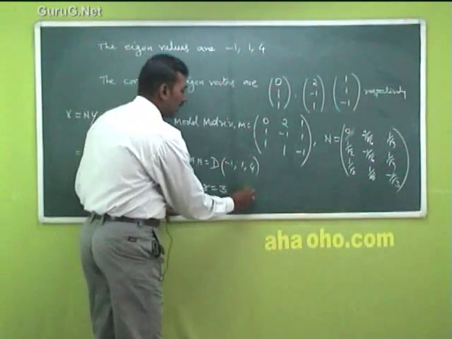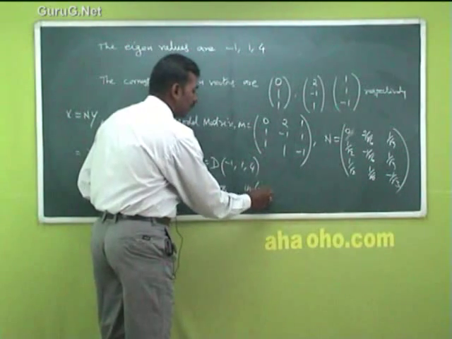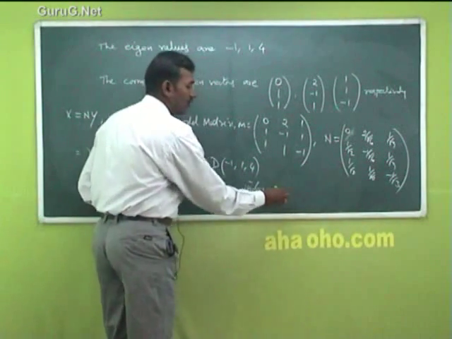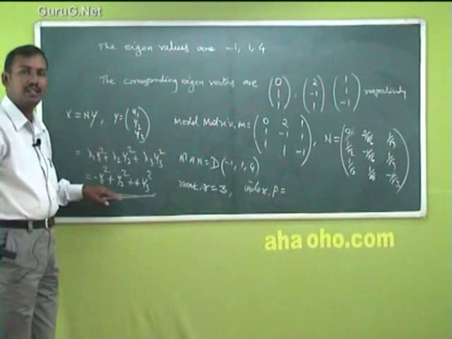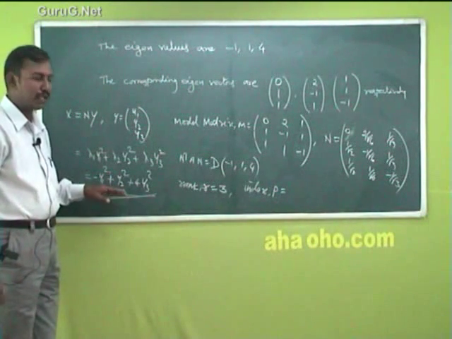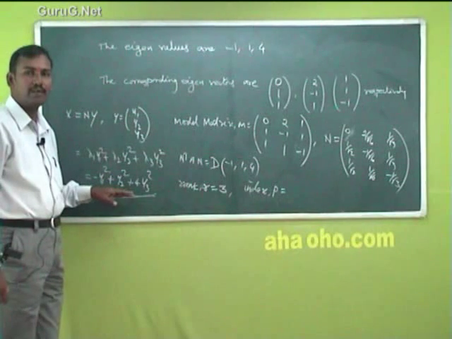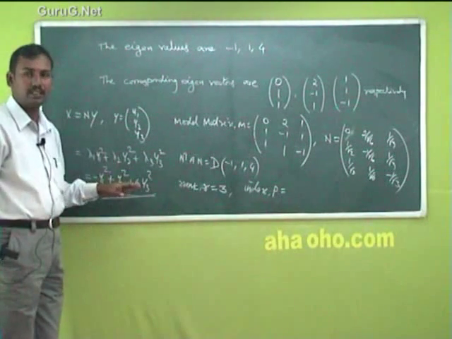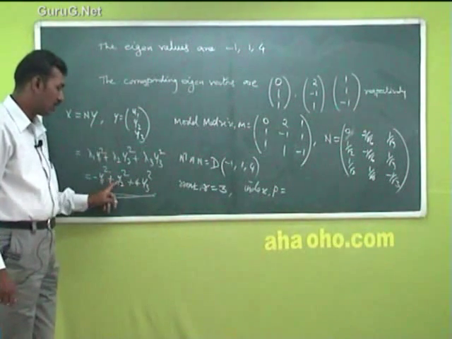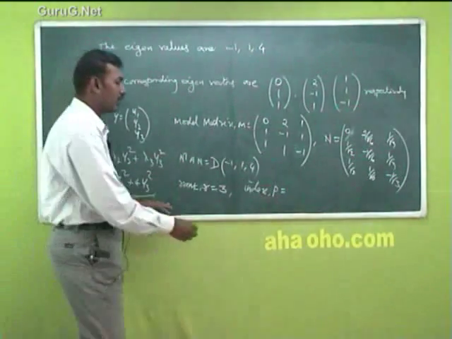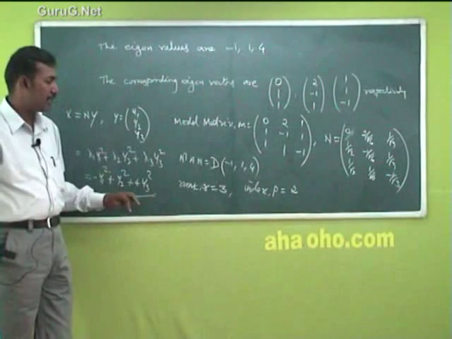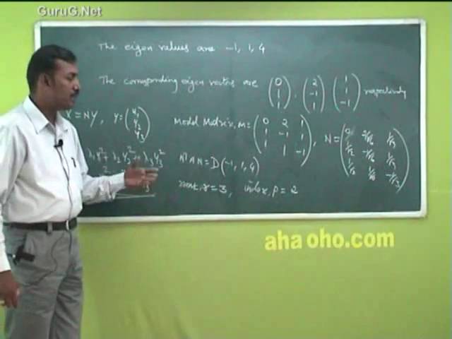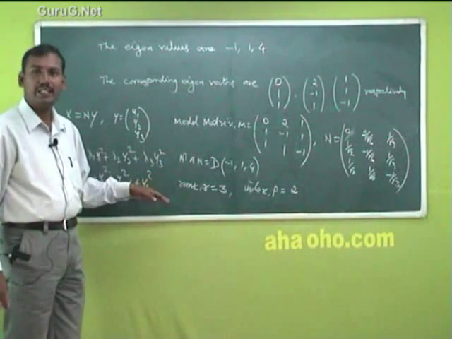Then index. இப்போ இண்டெக்ஸ்னா என்ன அப்படின்னா the number of positive terms. இந்த canonical form-ல எத்தனை பாசிட்டிவ் டேர்ம் இருக்கு அதுதான் இண்டெக்ஸ். Number of positive terms in the canonical form is known as the index. இதுல எத்தனை பாசிட்டிவ் டேர்ம் இருக்கு? 2. இப்போ index p equals 2. இப்போ signature அப்படின்னா the difference between the number of positive terms and the negative terms.